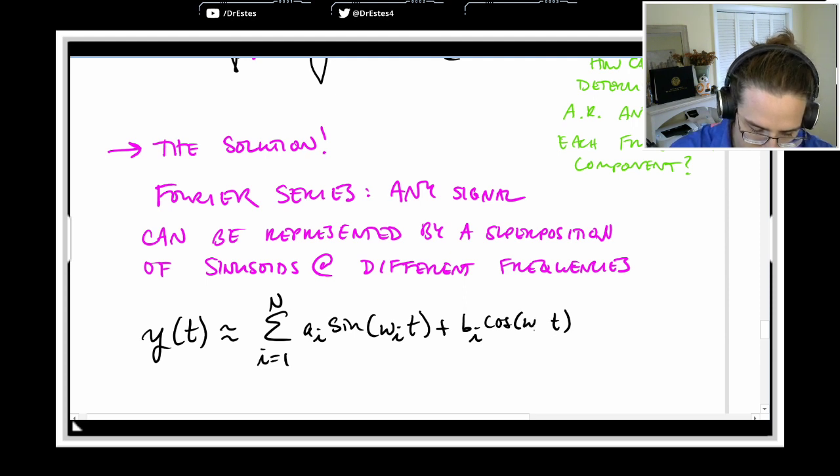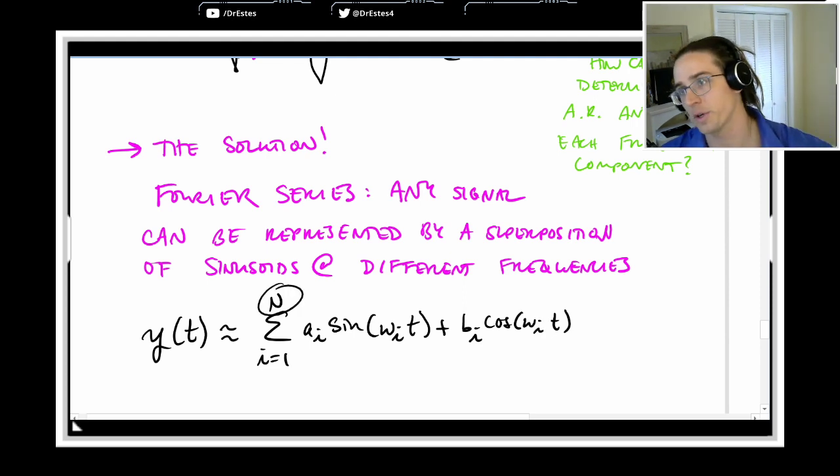And it tests in different frequencies. It's going to get better and better the bigger that n is. So I think in that code I might have used n equals 1000 or something.